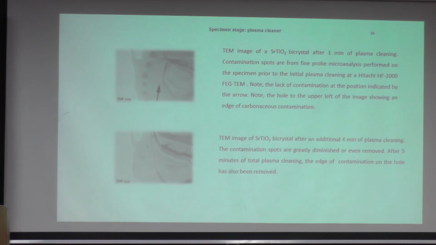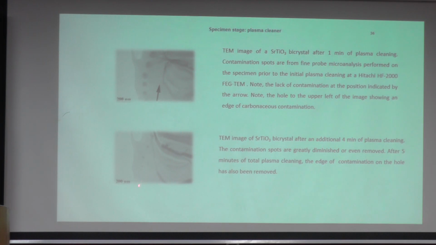Here is one example of how it works. This is the image, and this is the carbon contamination on the surface of this image. If you make a plasma cleaning for several minutes, like 1 minute, this is after 1 minute, and for 4 minutes, you have to adjust your time depending on these contaminations, on the thickness of such contaminations.